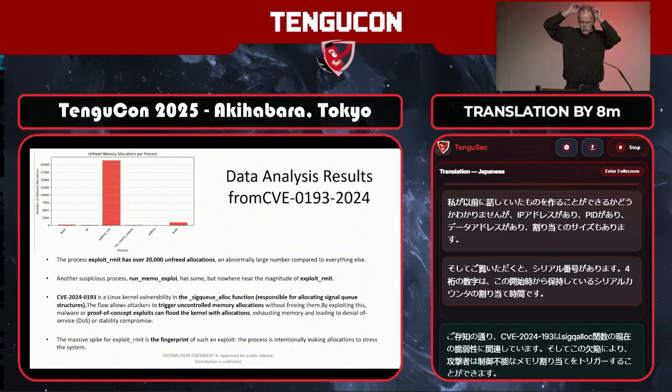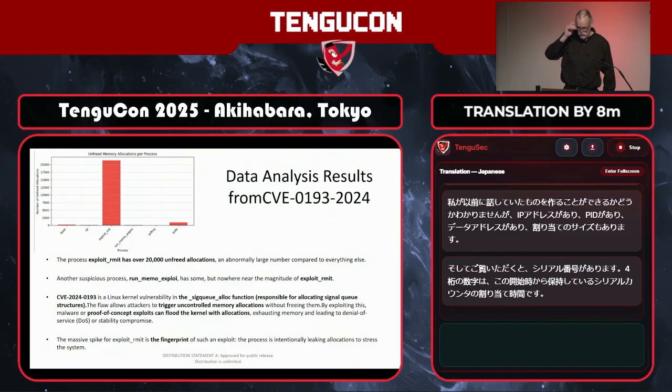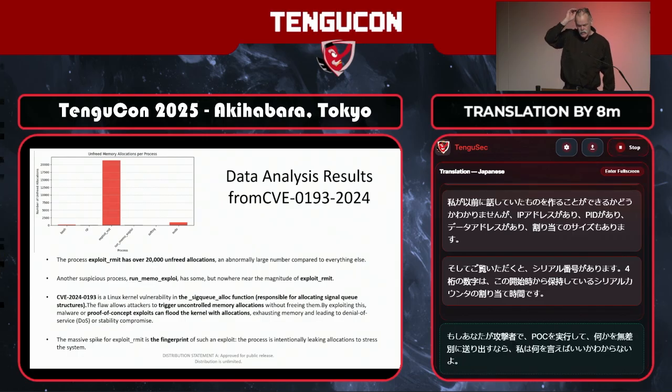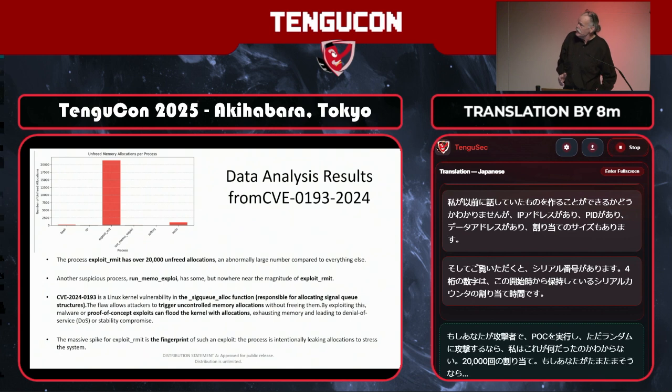So if you're the attacker and you run the POC and just spray out, I don't know, 20,000 allocations, if you happen to be inside the kernel looking around, it's very noticeable.